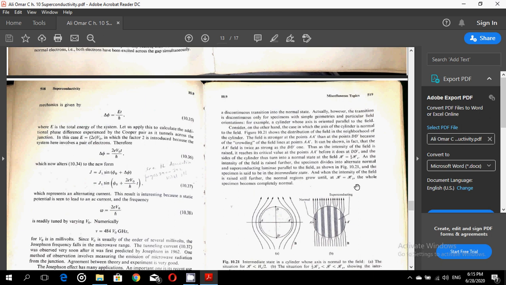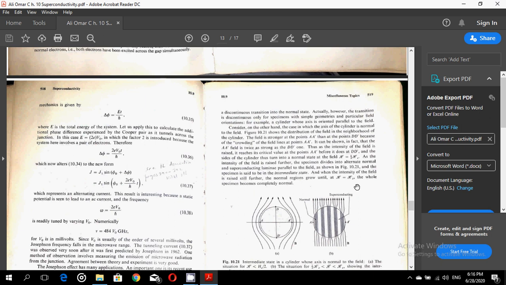Therefore, delta phi will be equal to 2eV naught T over h cut, where T is the thickness of the thin insulating film, which now alters equation 10.34 to the new form that J is equal to J1 into sin(phi naught plus delta phi), which is equal to J1 sin(phi naught plus 2eV naught T over h cut).